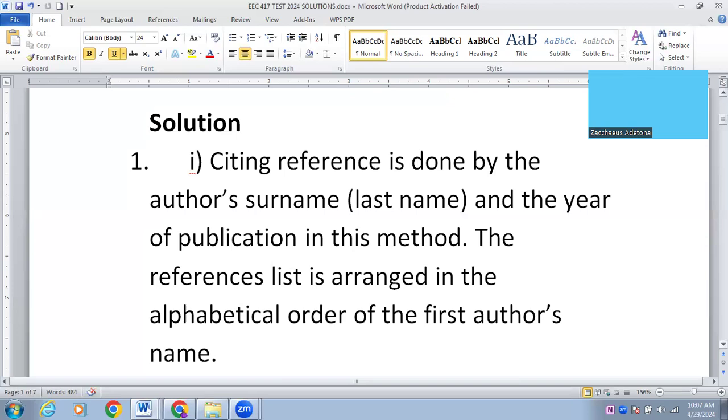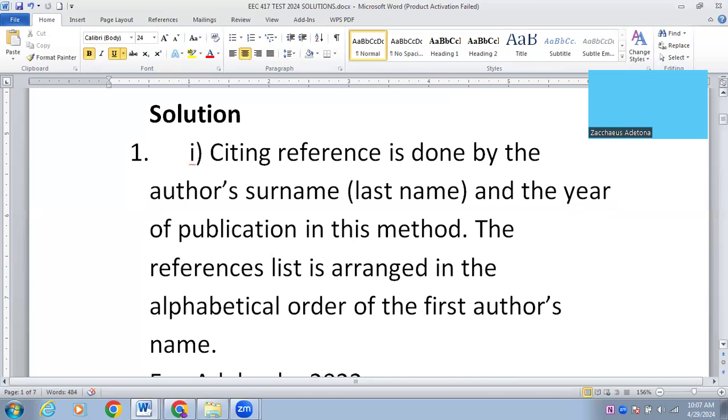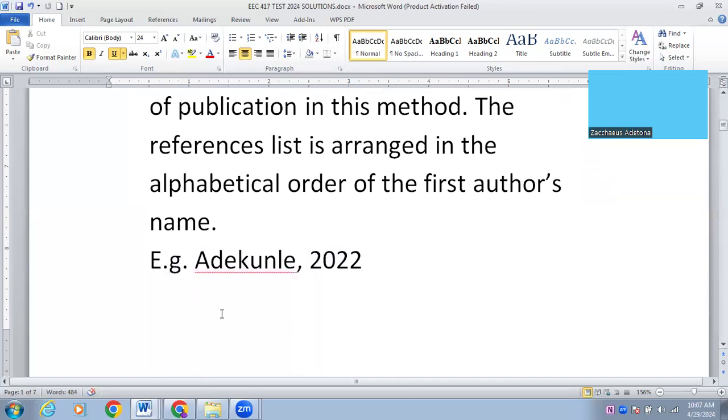Mark that you will not add initials to the in-text citation. I gave an example here: Adekunle 2022. You will notice that there is no initial with the name Adekunle. The initials will only appear on the references list. So let's bear that in mind.